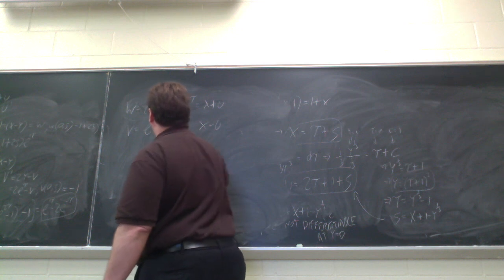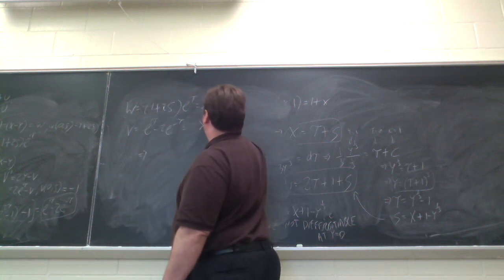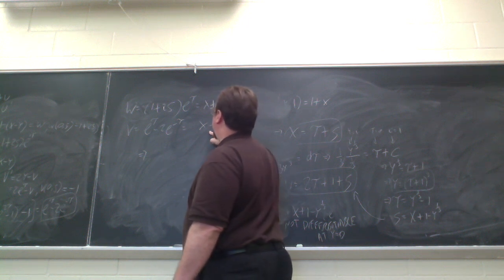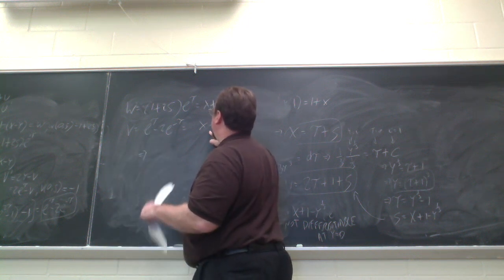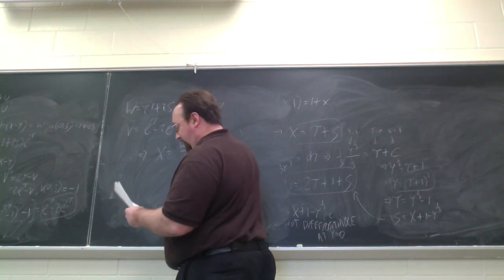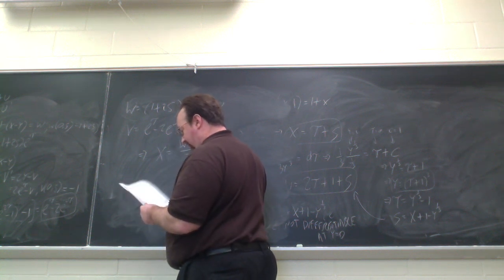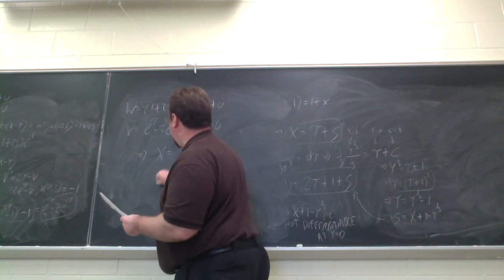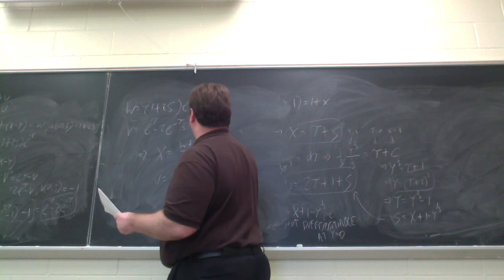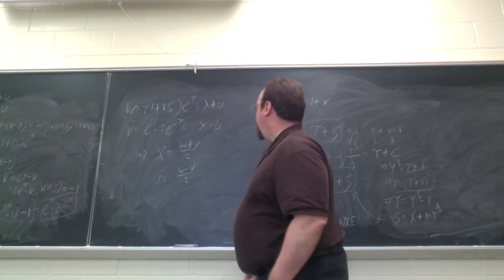So when you invert this system of equations, if you add these two together, you get w plus v is equal to 2x. So x is equal to (w plus v) over 2, and u is equal to (w minus v) over 2. So it's just from row operations on this system.